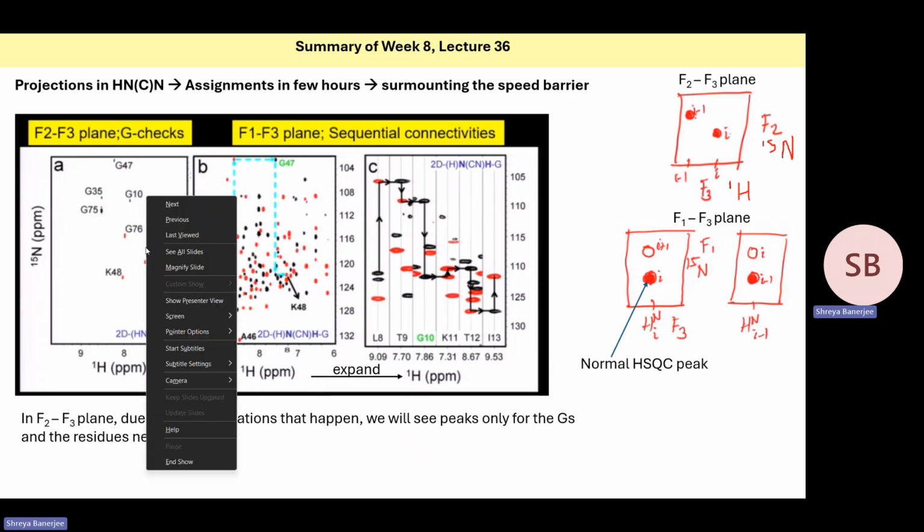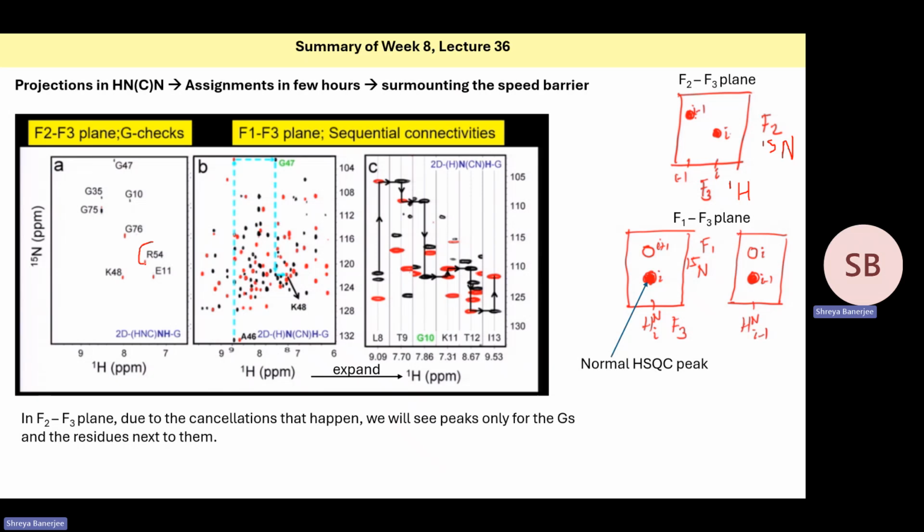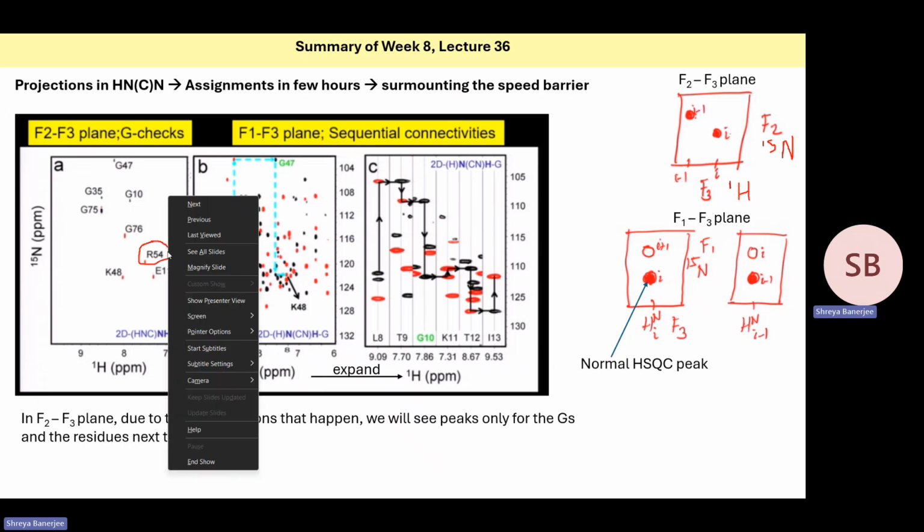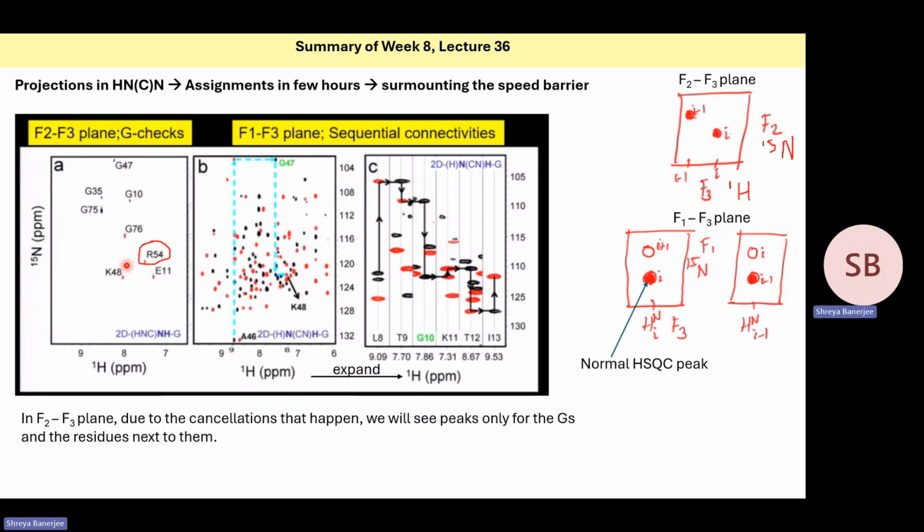You can see in this spectra that this is the only residue which is not adjacent to a glycine. All other residues are I+1 to a glycine, glycine 10, E11. So E11 is I+1 to the glycine 10. Then glycine 47, lysine 48. So again, I+1 to the glycine.